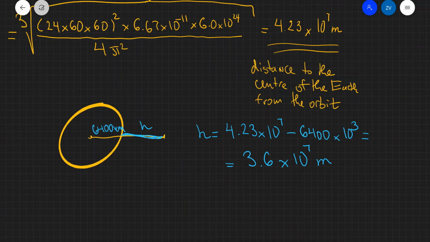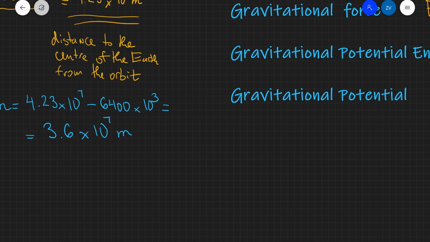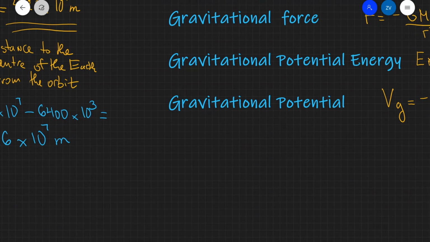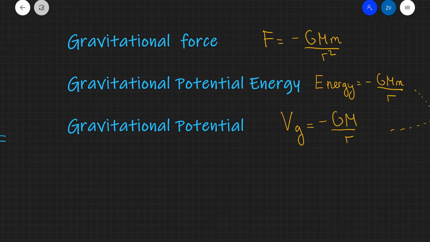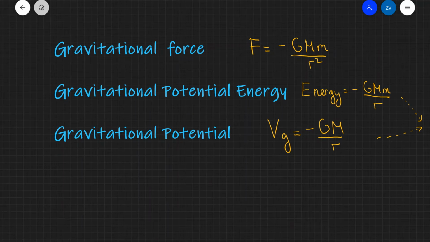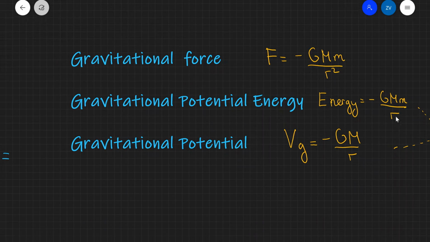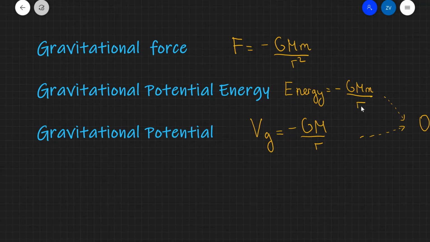Now next, let us once again summarize the three main equations in gravitational fields. First of all, the gravitational force is given by Newton's law of universal gravitational attraction, that the force F is equal to minus GMm over r squared. Gravitational potential energy, on the other hand, is expressed with this expression, minus GMm over r. Notice that this r is no longer squared.